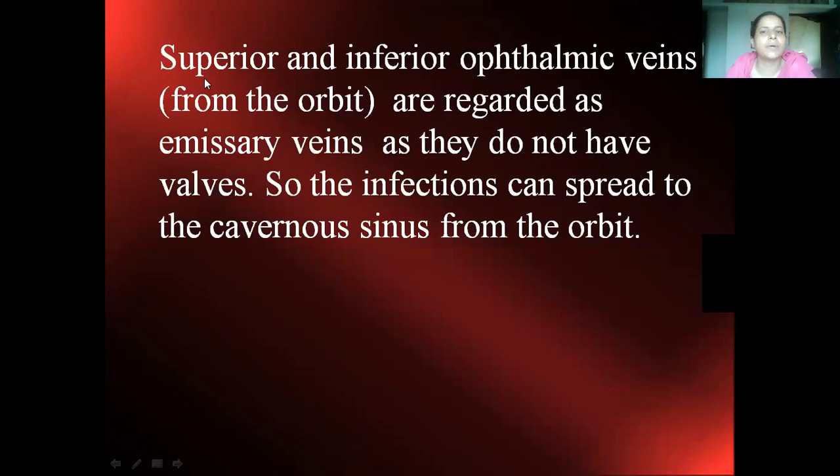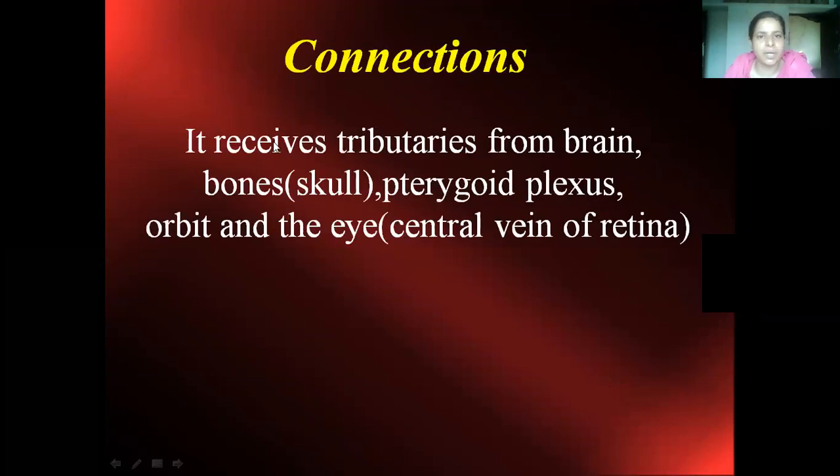Okay. Now see here. The cavernous sinus receives tributaries from the brain, from the veins of skull bone, and the pterygoid plexus of veins. If you remember, I was talking about venous drainage of the scalp. Then I said deep facial vein, pterygoid venous plexus, through emissary vein it has connections with the cavernous sinus.